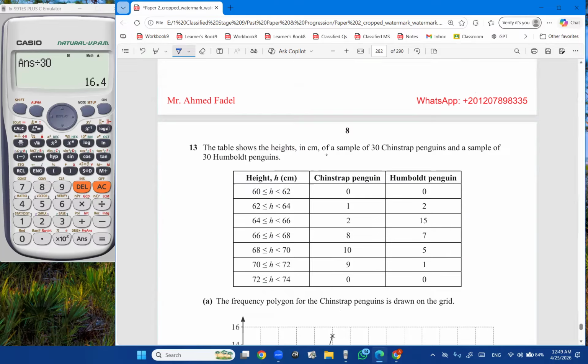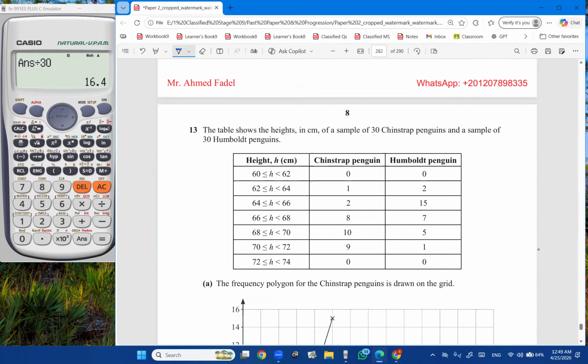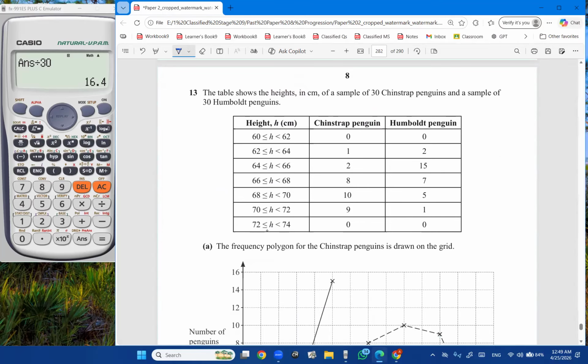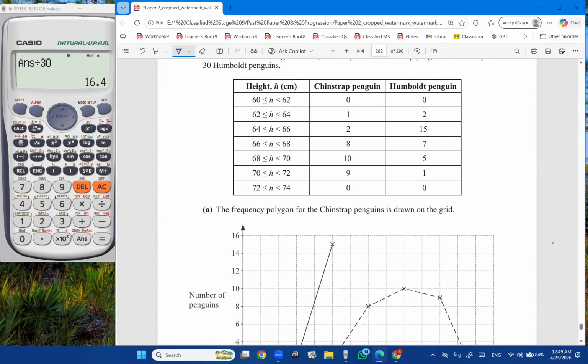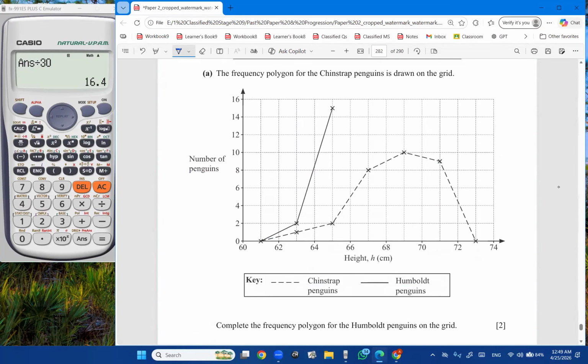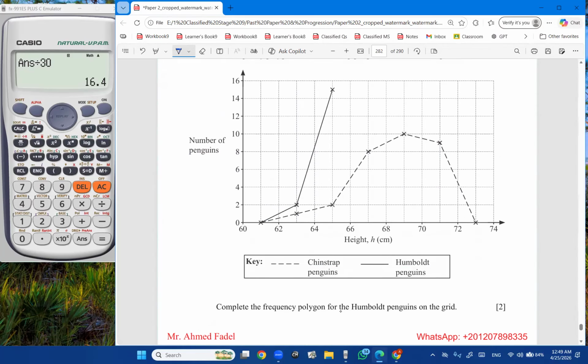The table shows the heights in centimeters of a sample of 30 chinstrap penguins and a sample of 30 Humboldt penguins. I'm not actually sure if I'm pronouncing their names right or wrong, but anyway. So here they're requesting from you to complete the frequency polygon for the Humboldt penguins on the grid.